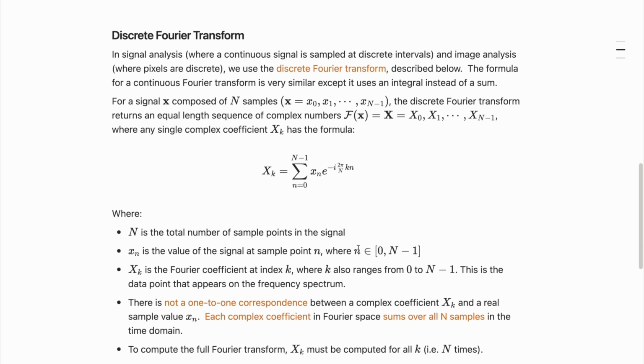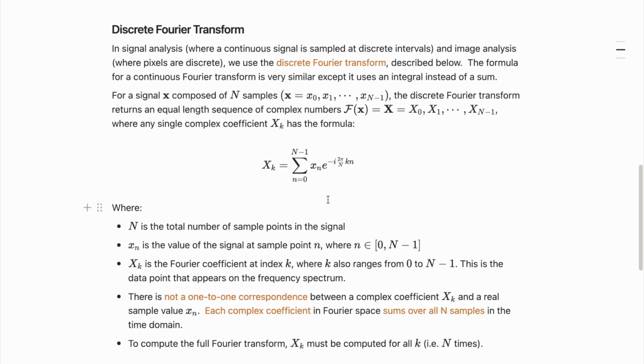The last thing to note about this is that after we've gone through this summation, that is after we have looped over all sample points to create the sum, we've only computed a single Fourier coefficient in this array. In order to compute all of the Fourier coefficients and come up with a complete Fourier transform, we have to repeat this summation n times.